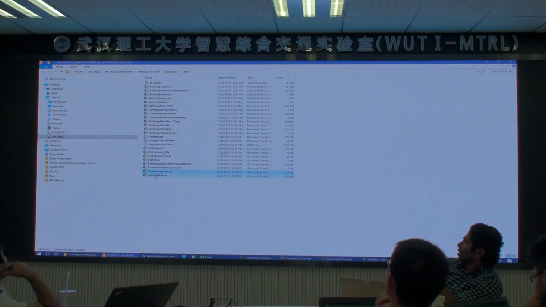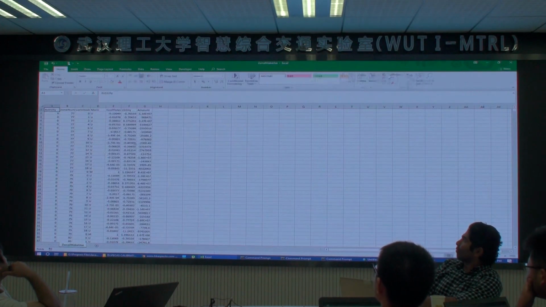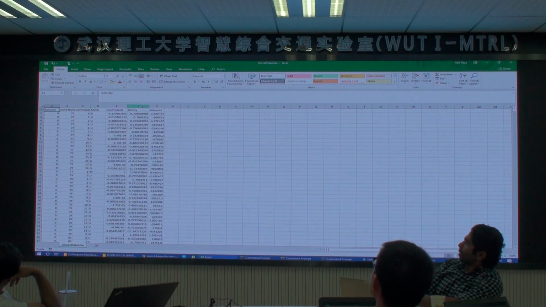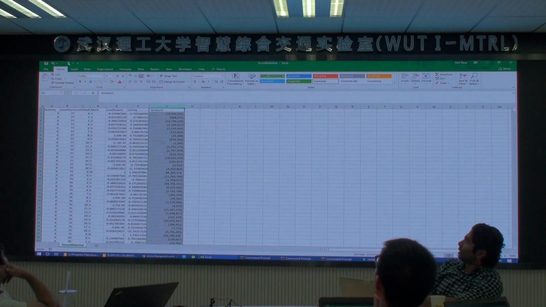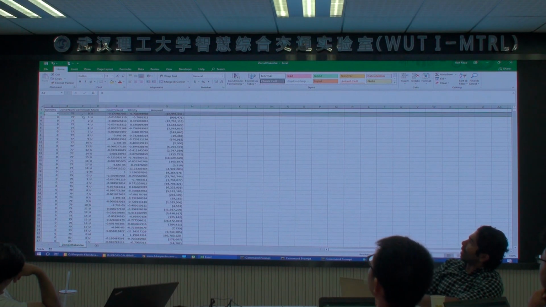And the last file is the zonal make use file, which is also like the make use file, but we calculate the make use for each zone. We saw the make use file has the make use amount for the whole region, but this file has the make use amount for each zone and each commodity, how much you make and use in each zone by each activity.